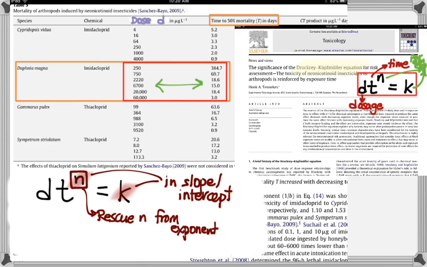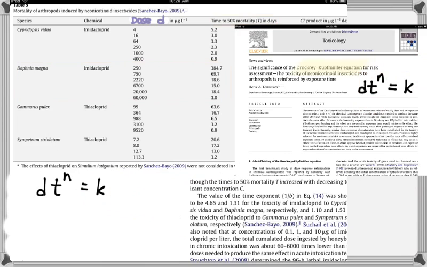Yep, a log is exactly what we need to get that n from an exponent down into a base. So let's take a log on both sides to rescue that n from the exponent. And when we take a log of both sides, we get to choose what base we want. We used base 10 earlier today. Let's just, for the sake of variety, use a natural log. So base e. Why not?